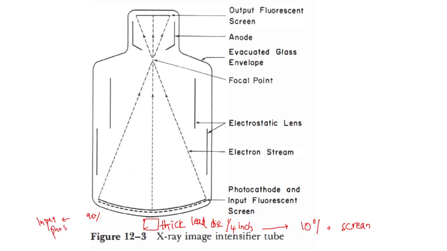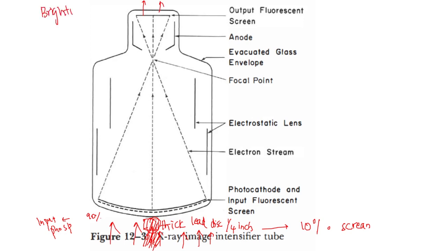Now the X-rays are exposed to the input phosphor. This lead disc will absorb this part of the X-rays, right? This part of the X-rays is absorbed by the lead disc. The input phosphor is exposed to a specific quantity of radiation, and at the output phosphor the brightness is measured.